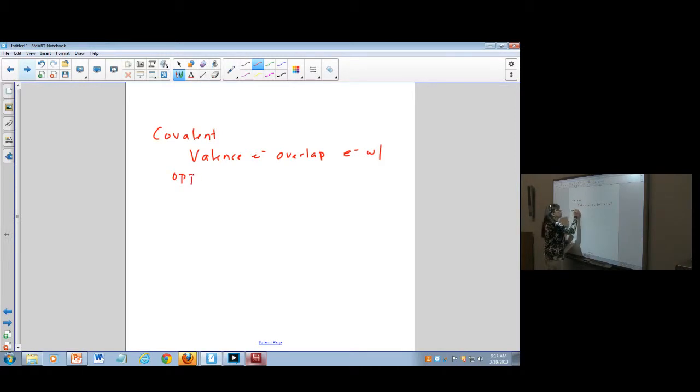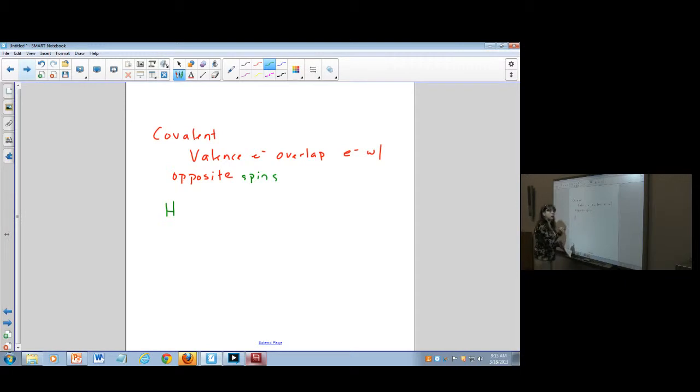In order for a bond to happen, the valence electrons in each atom's atomic orbitals have to overlap with electrons with opposite spins. All right, so far, that's kind of okay. We've done a couple of these.